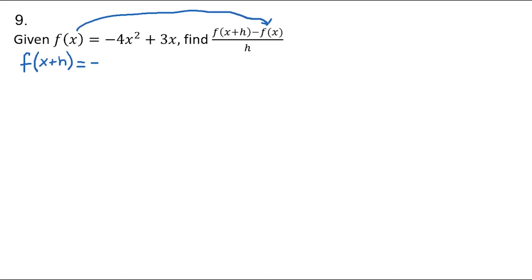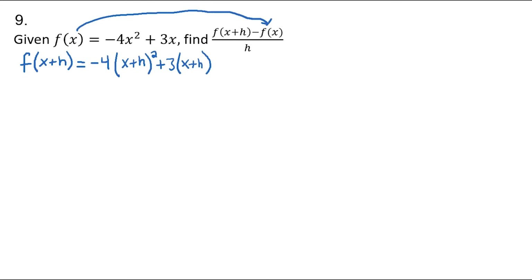So this will be negative 4 times x plus h, squared, plus 3 times x plus h. That's what this is. But before we can subtract f of x from this, we have to simplify this.